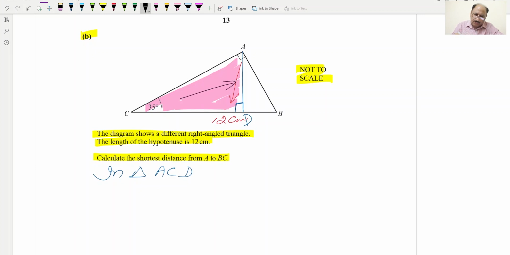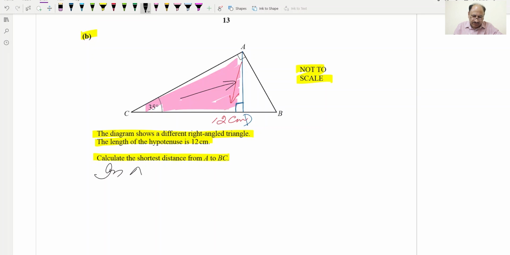opposite over... cos. So first of all, we need to find this side, the AC side. What we will do is consider triangle ABC.